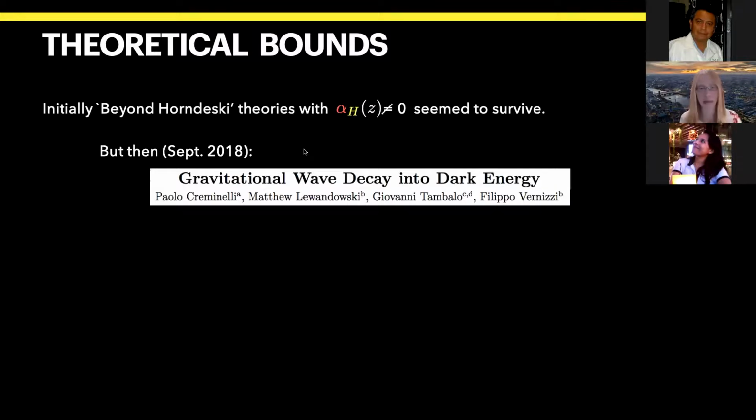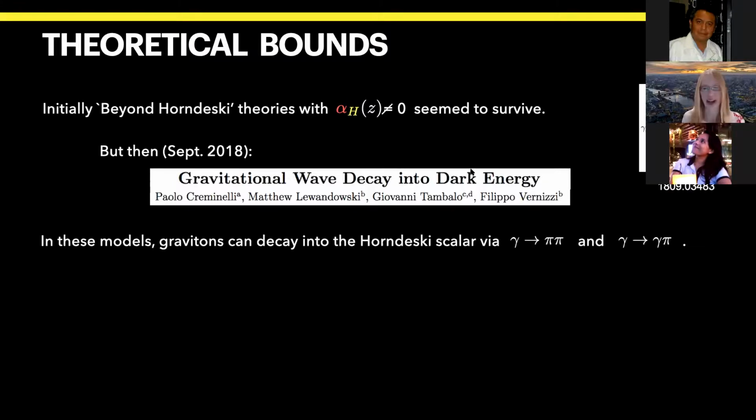And then this paper appeared, and these authors found that in this extended family of theories, so the one with alpha H switched on, gravitons, i.e. gravitational waves, can decay into bosons of the Horndeski scalar field. Okay, so they found there were 2 decay channels.